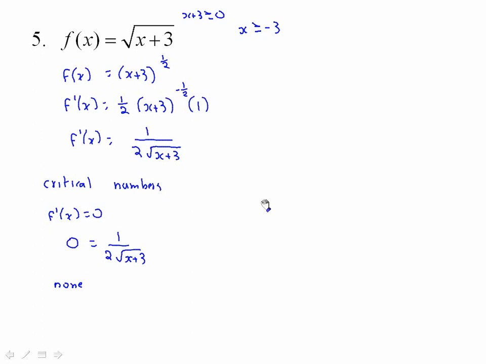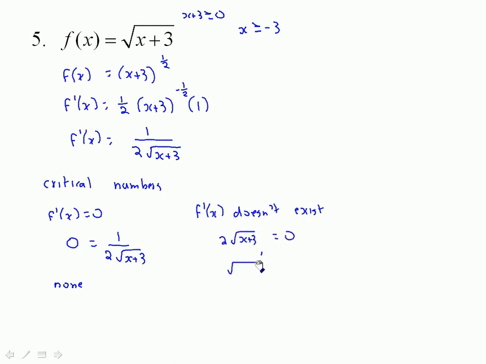So then we take a look at where f prime at x doesn't exist. So this is interesting as well. So this would be where 2 times the root of x plus 3 is equal to 0.